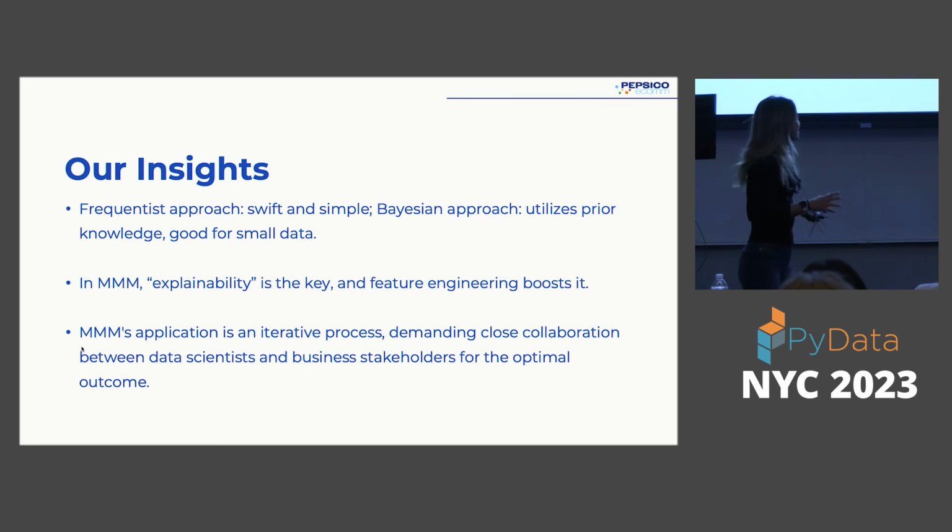However, the Bayesian approach gives you the flexibility to integrate your prior experience and domain expertise into your modeling efforts, and it usually works better when the data set is smaller. The second takeaway is explainability is key when you're doing marketing mix modeling, and we could utilize clever feature engineering to boost the explainability.